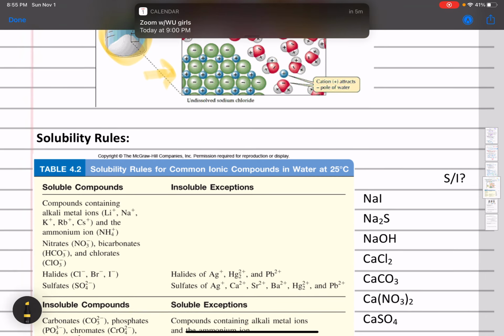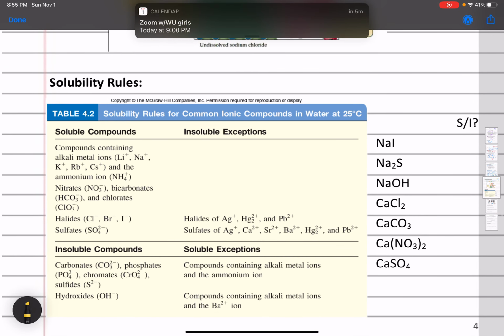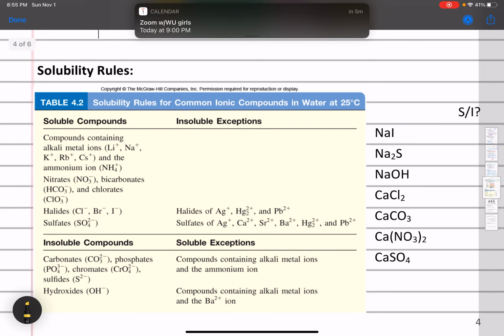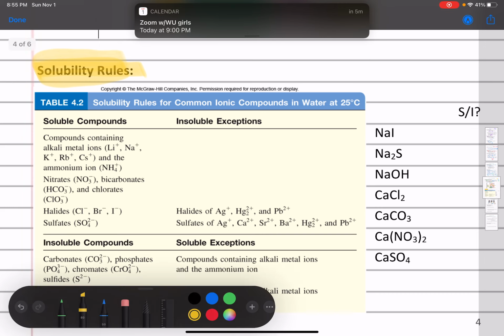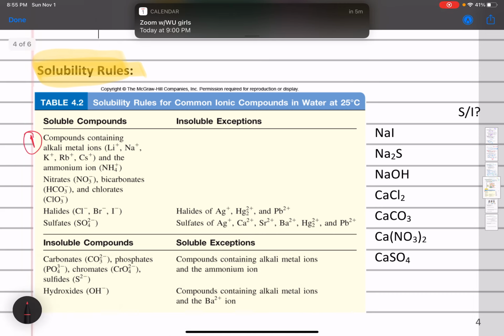All right, so how do you know if a salt, an ionic compound, is soluble or not? Well, there's a series of solubility rules that we follow. The first one is that any compound that contains an alkali metal, that is a group 1A element, or an ammonium ion, is always soluble.